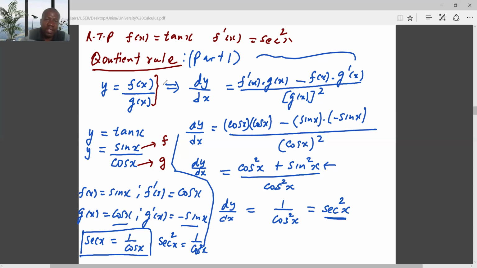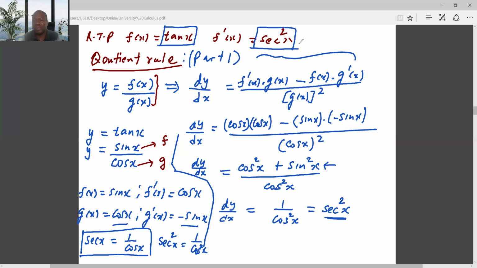That's why we know that the derivative of tan is sec squared x. So it's very important, ladies and gentlemen, to familiarize yourself with the reciprocals. So you see, I have used the quotient rule to prove that the derivative of tan is sec squared x.